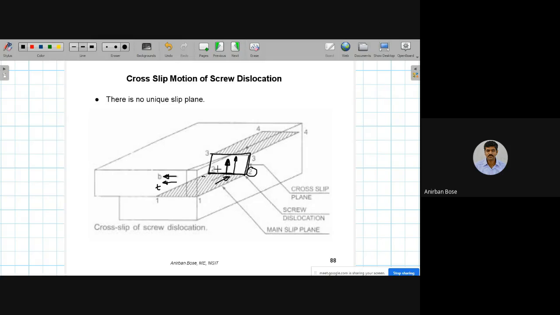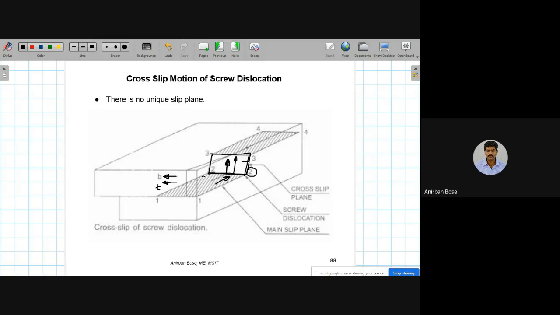In the case of screw dislocation there is no unique slip plane, so it tries to move at a particular angle, and through B and T you can draw many slip planes. If the energy available for the movement in that direction is sufficient, then it will continue to move in that direction.